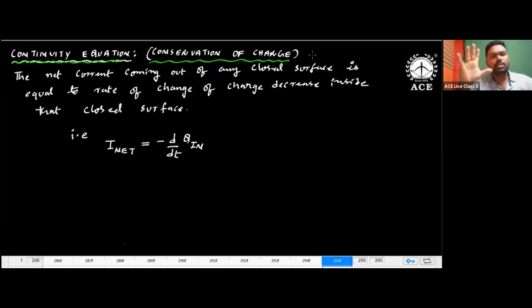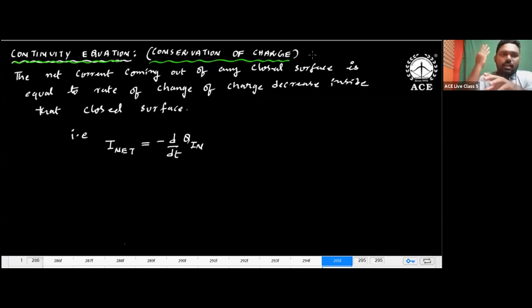I'll apply the same analogy to the charges. Let us consider a closed surface, beta. This closed surface has some 1000 charges. If 10 charges are coming outside the closed surface every second, what will happen? Obviously, 10 charges will decrease inside the closed surface every second.